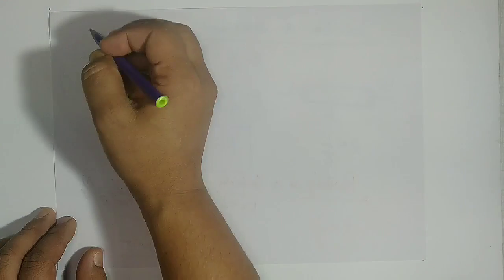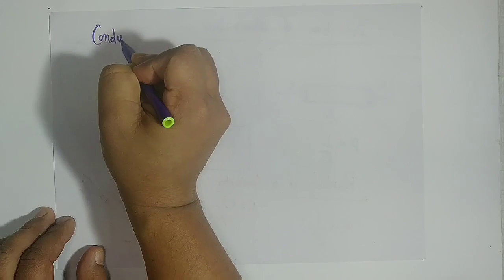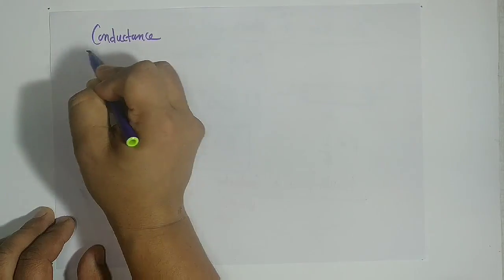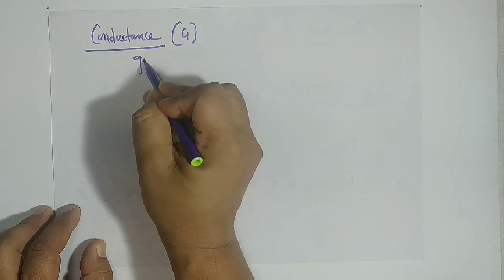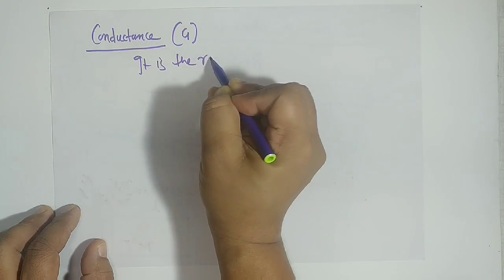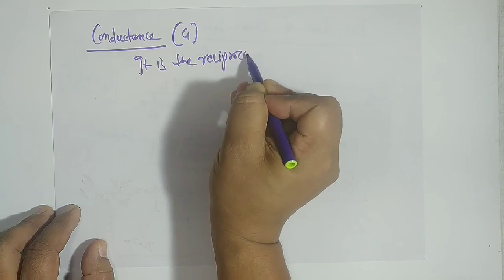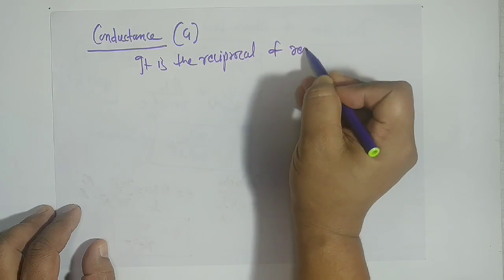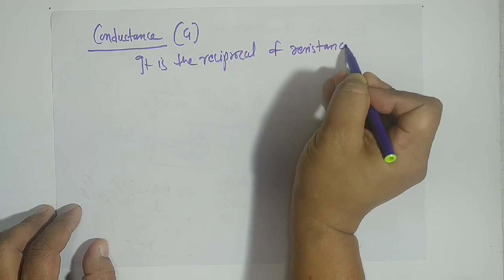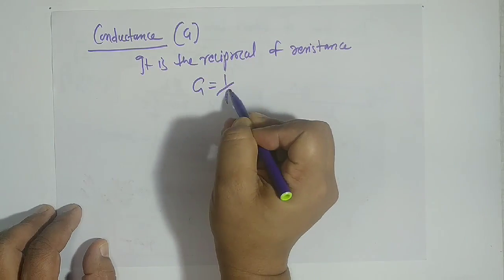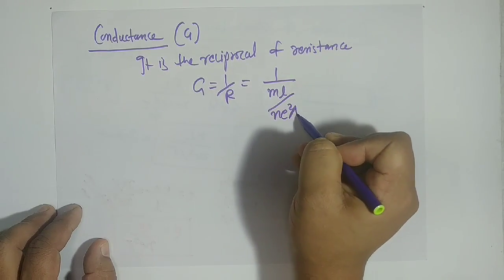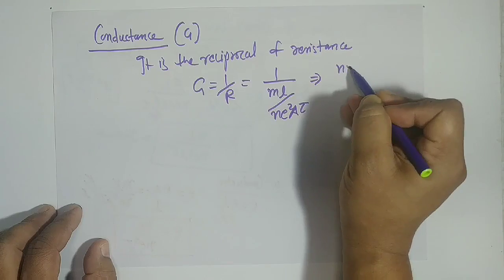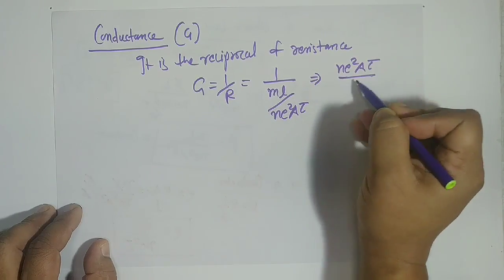Then there are some small concepts. One is conductance. We have heard of resistance. Now conductance is denoted by G. It is the reciprocal of what? Can you tell me? Reciprocal of resistance. G will be written as 1 upon R. What was R? mL upon ne square A tau. So it becomes ne square A tau by mL.